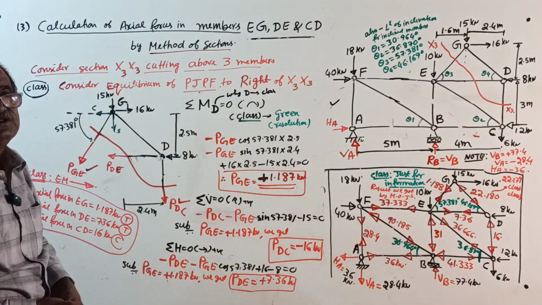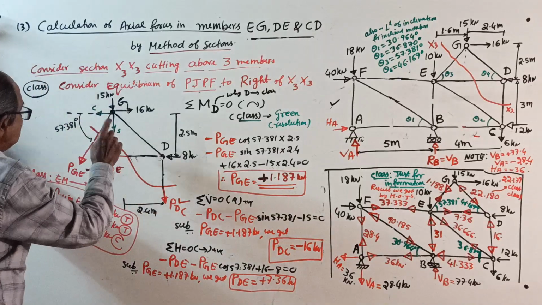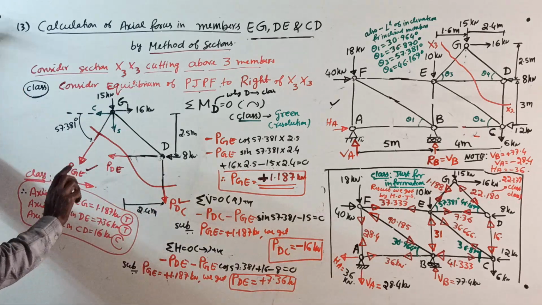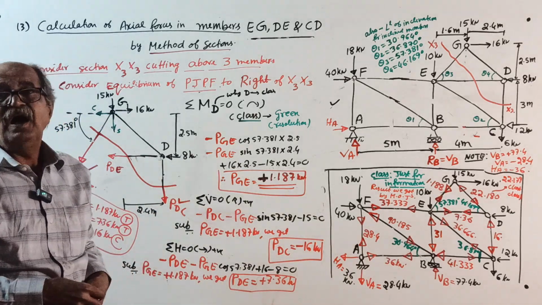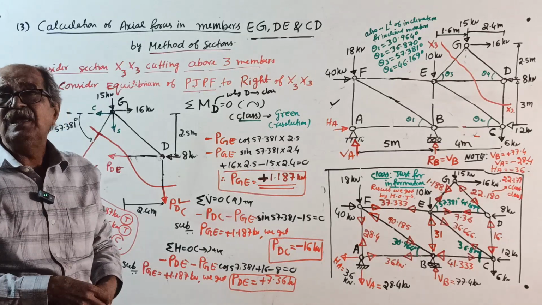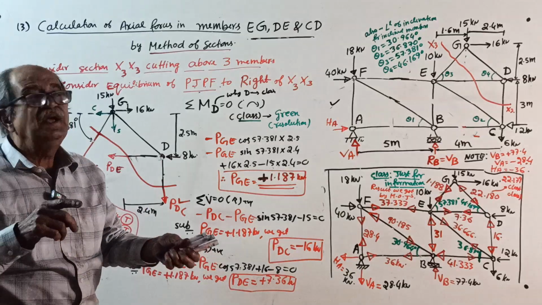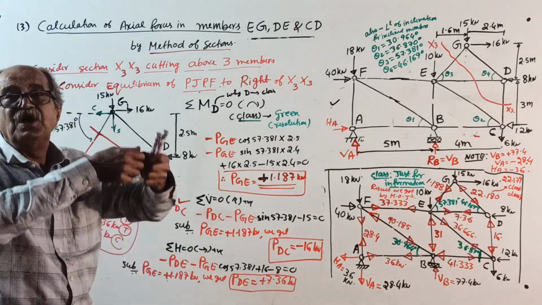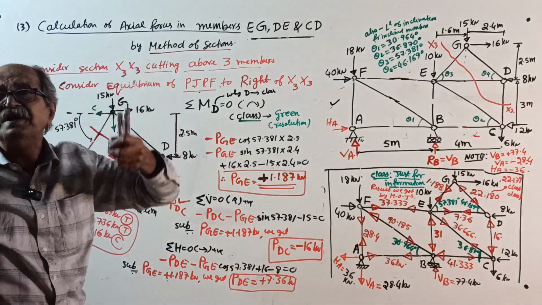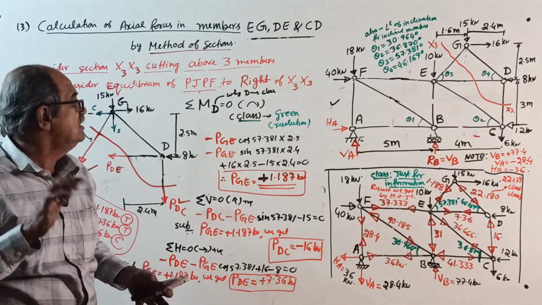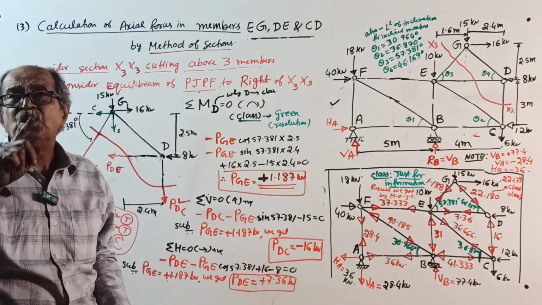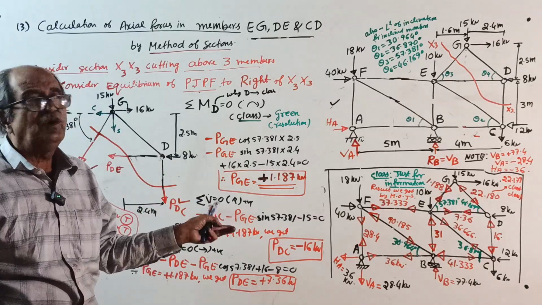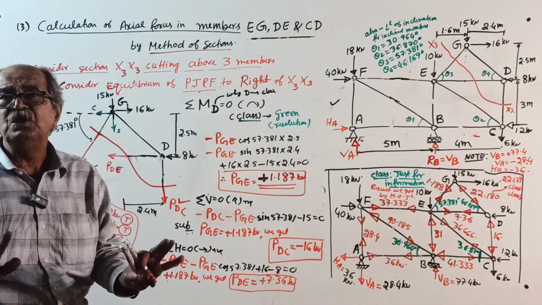Now, I told you last time, when you assume the unknown forces going away from the joint, we are actually considering the member to be in tension. When a force is going away from the joint, it results in tensile force. So wherever you got plus, that means tension. Wherever you got minus, compression. No sign.